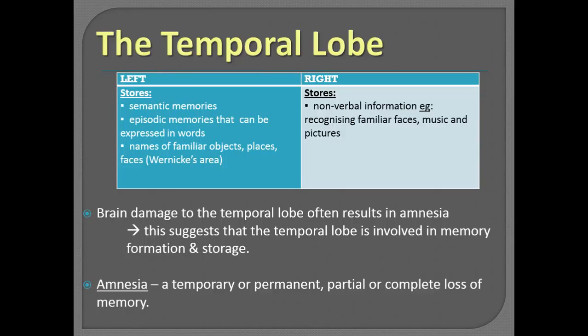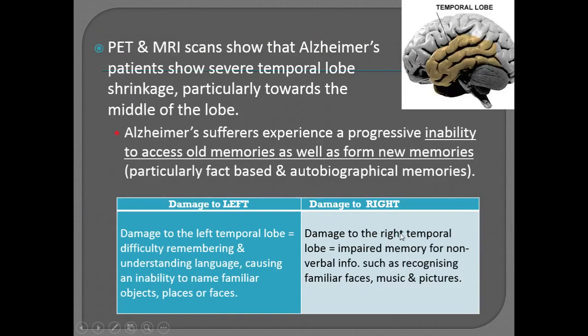So when we're looking at the temporal lobe, if people have brain damage in these areas, we find that they often have amnesia. Amnesia is a temporary, permanent, partial or complete loss of memory. What that suggests is that the temporal lobe is involved in memory formation.